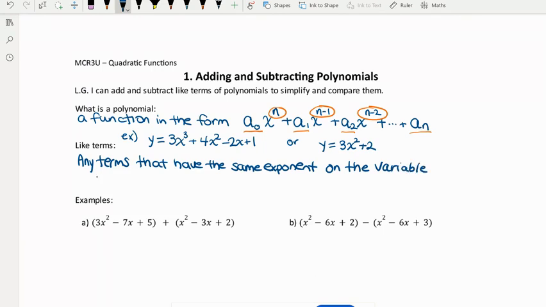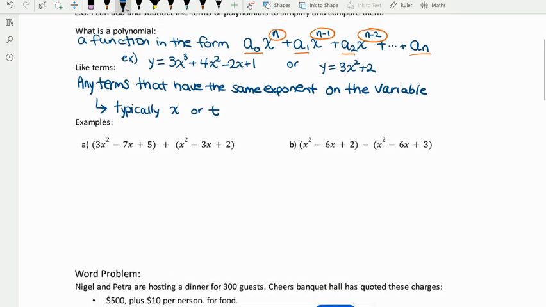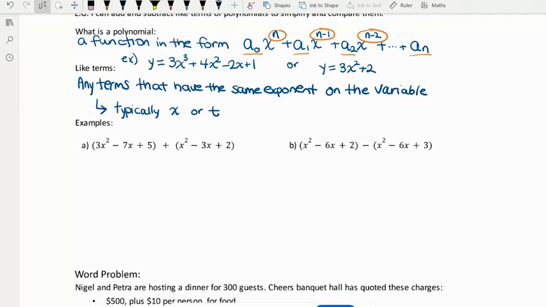So typically the independent variable, and we're looking at x or t, but you could be using any other letters if you want, but that's what we just see often. Let's look at some examples. I'm given two polynomials I'd like us to add and simplify. So collect the like terms basically.